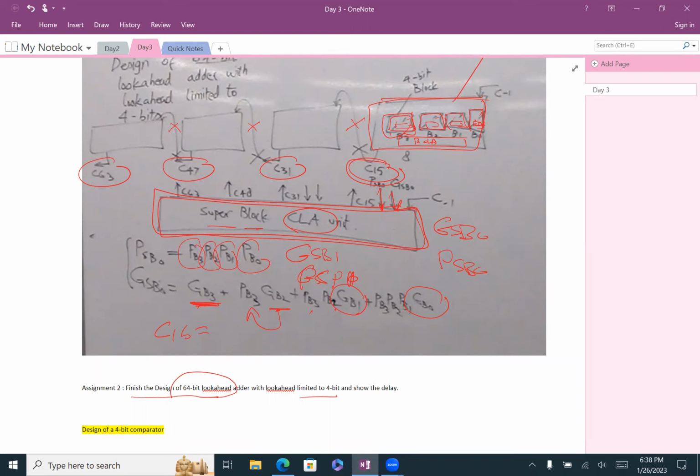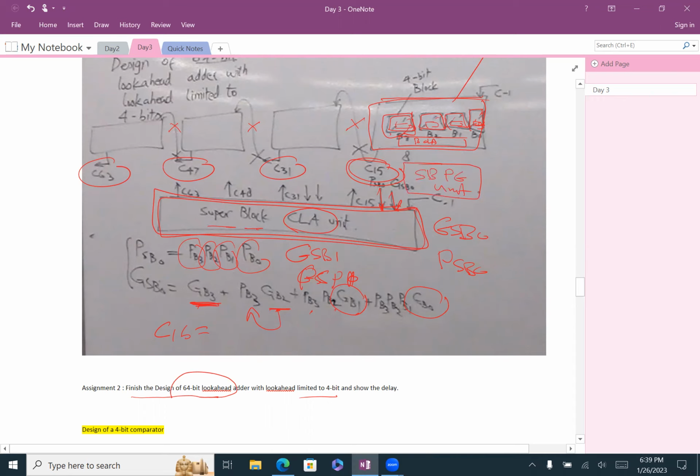You will do the delay analysis, correct? See how much the delay is for the whole circuit. And you just try to draw some of the circuit. You don't have to go deep. You don't have to draw everything, just something simple, like, for example, what we need here. What will we name it? Super block B and G unit, correct?